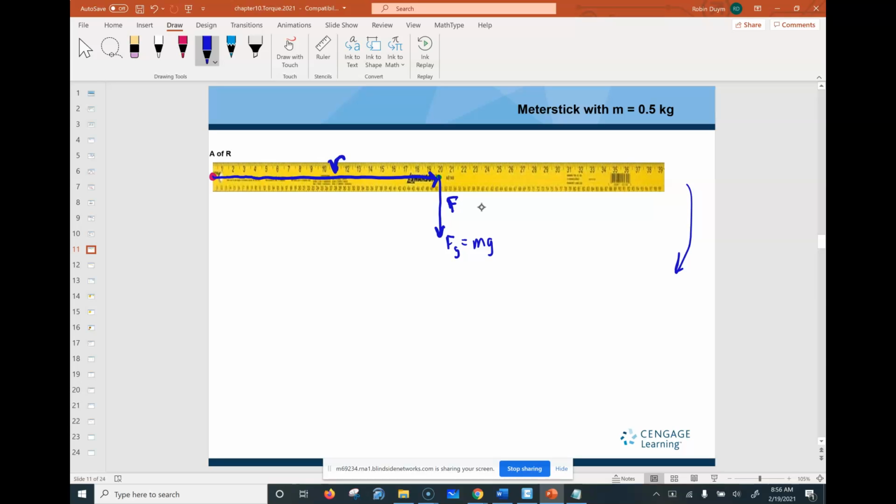Now we need to figure out the perpendicular part of the force. Well, this one's a nice easy one, right? The torque is going to be R cross F, or you could say R F sine theta, right?